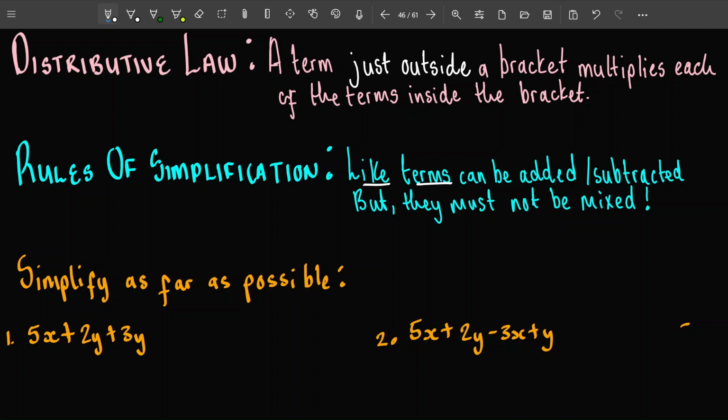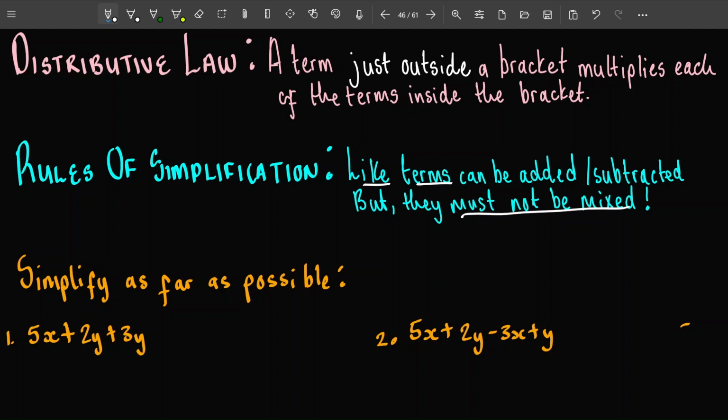Something with a y will also be added or subtracted to something with a y. But they must not be mixed. Never ever try to mix the 2 together. Like an x with an x squared, don't mix them. X's add x's. Y's add y's. That's what it means.